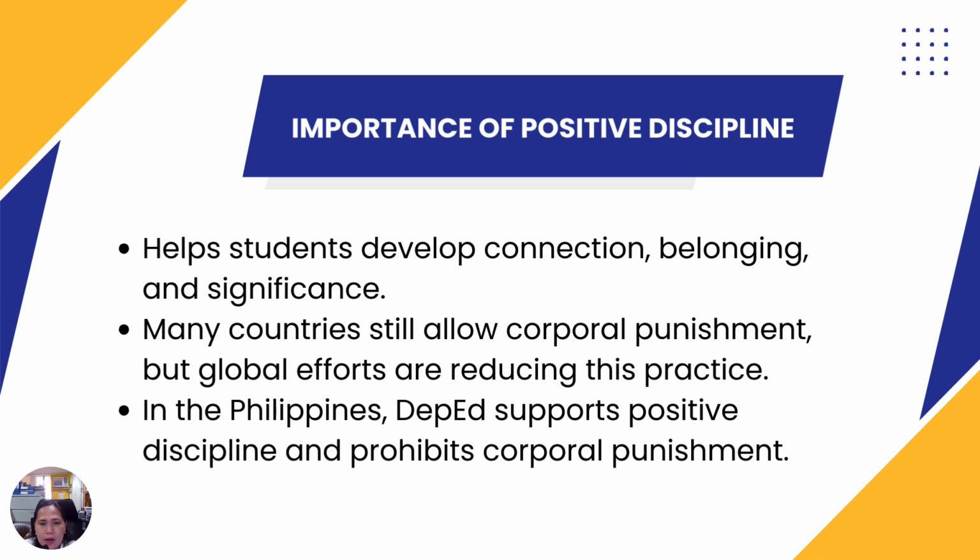So for example, when we give consequences, we make sure that it is being understood by the students. Now, why are consequences given? For example, John, you are not allowed to participate in the activity because you have not listened to me despite numerous warnings.